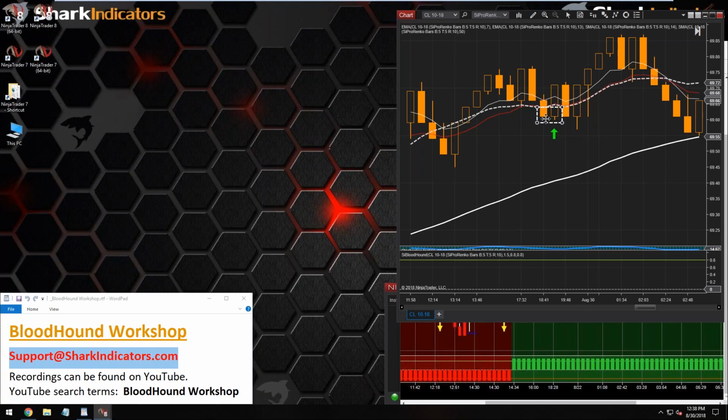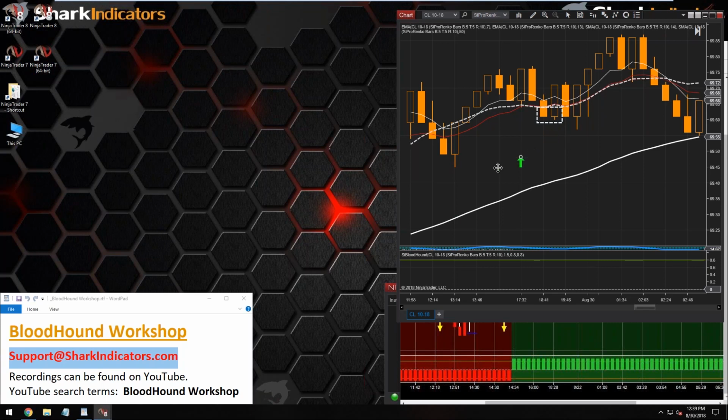If I use my little measuring box, I can see that the close is within 5 ticks of that faster moving average, which is the dashed line here. And then we're looking for the reversal bar again. So there is our setup right there.